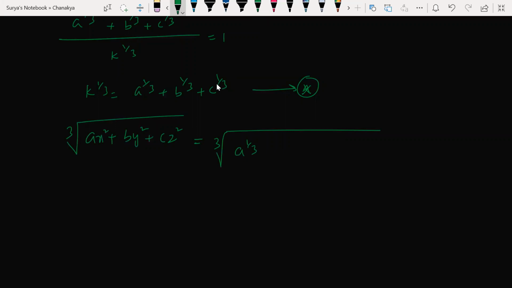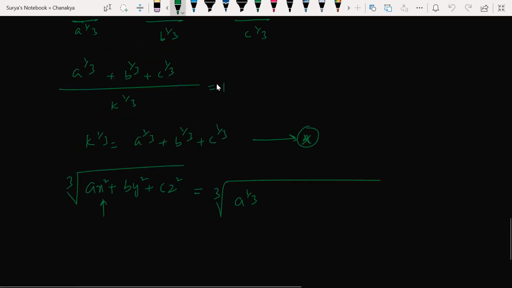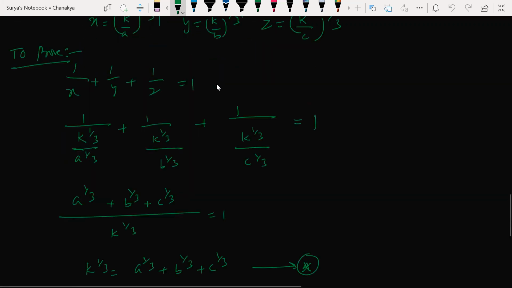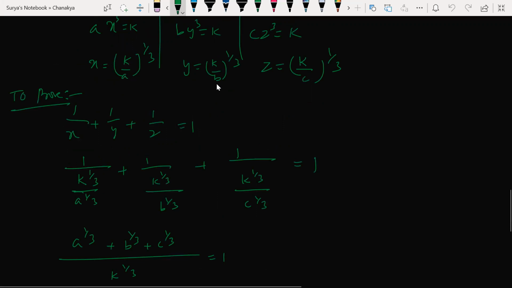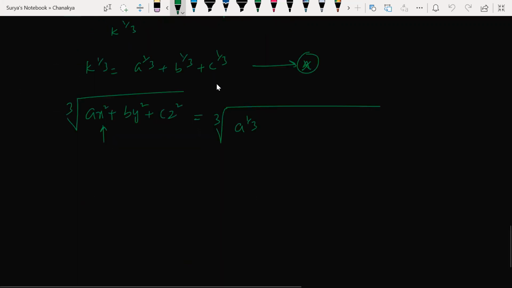What is the x value here? What is x square? The x value is k by a to the power of 1 by 3. So k can be written as k to the power of 2 by 3, correct? So c to the power of 1 by 3 into k to the power of 2 by 3.